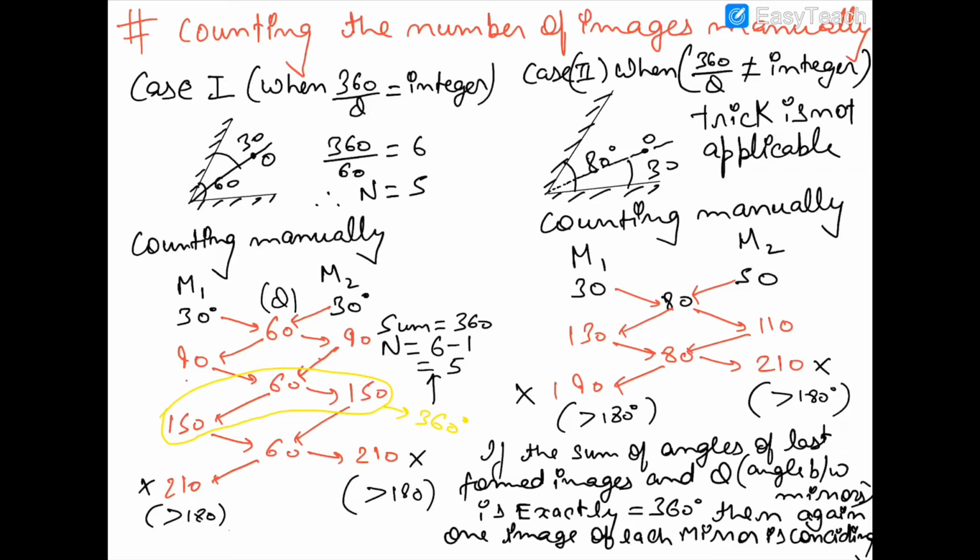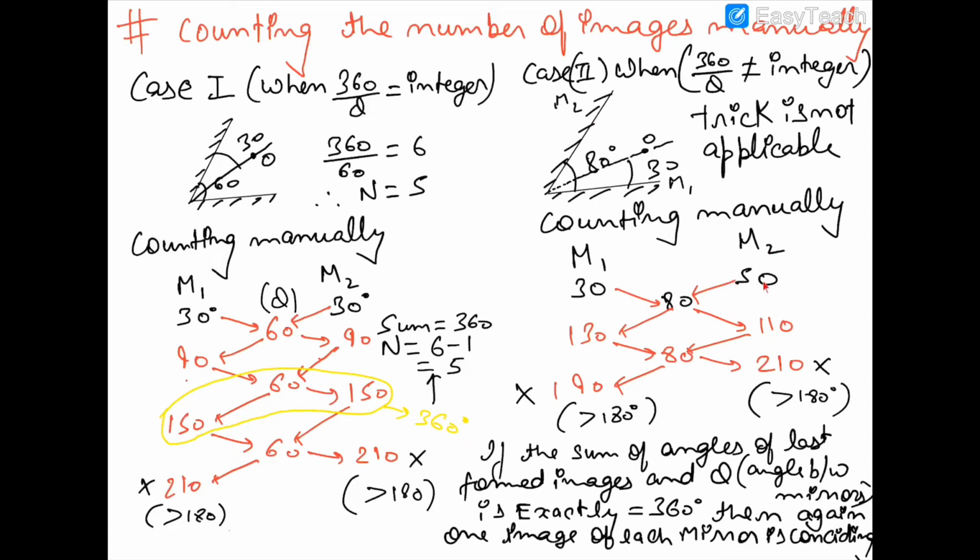So initially we will write down M1 and M2, these two mirrors. M1 is this one and M2 is this one. So the first image that would be formed in M1 will be at an angle of 30 degrees below this mirror. I have written this 30, and the first image that would be formed in M2 will be at an angle of 50 degrees above this mirror here.